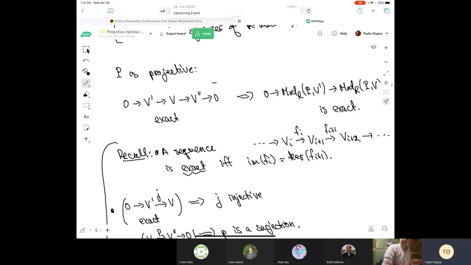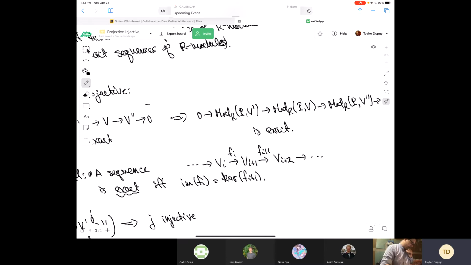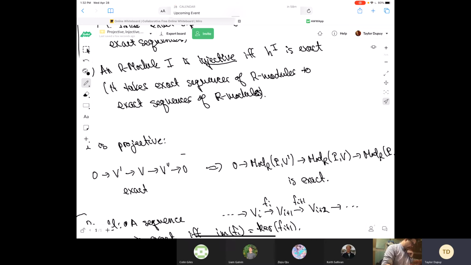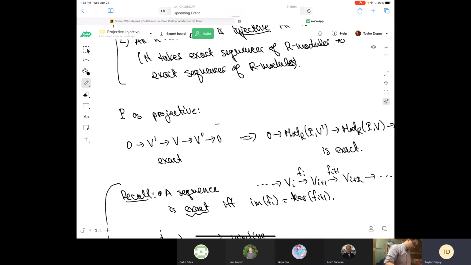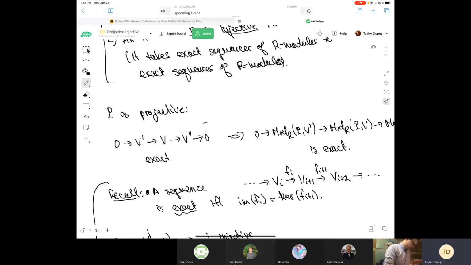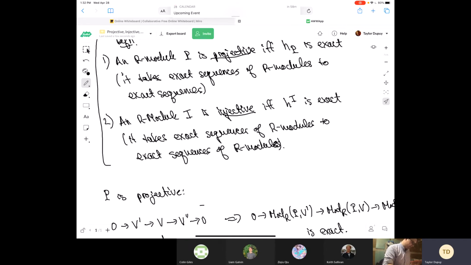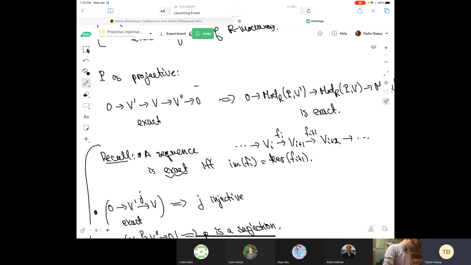And now we can talk about what our freebies are. There's another version of this, and half of this stuff is free. Maybe I should write down the one for injectivity too. Injectivity reverses arrows, so for the other functor, the one that's co-represented, all the arrows will be reversed.